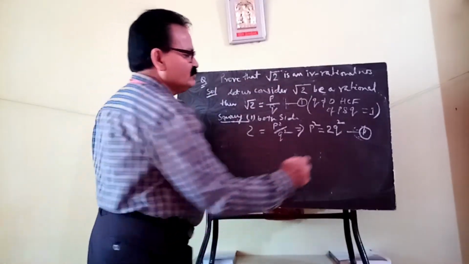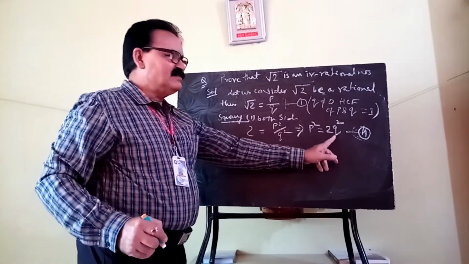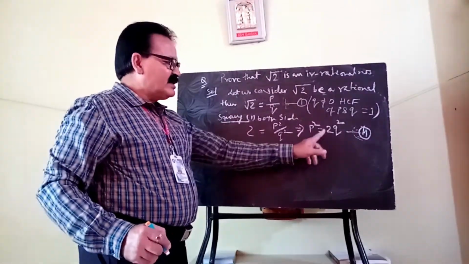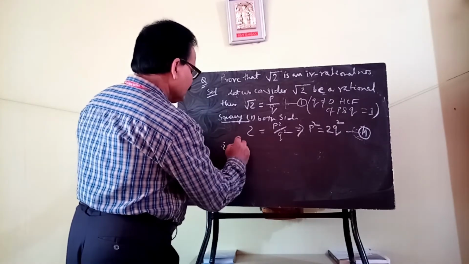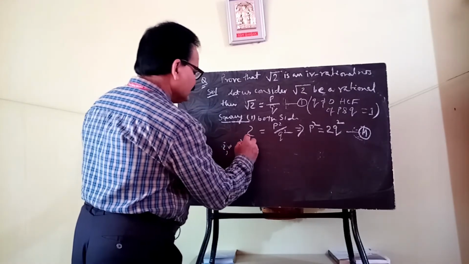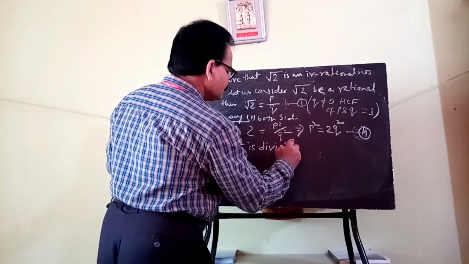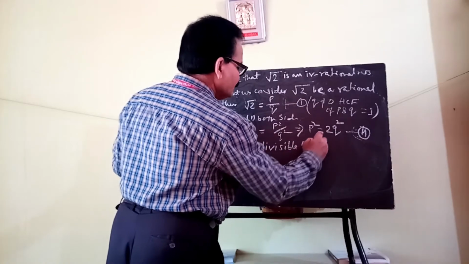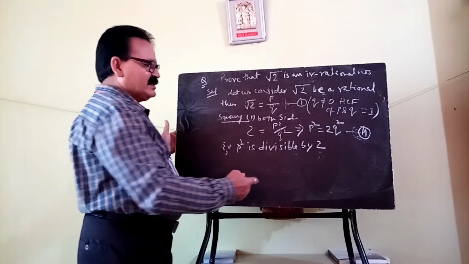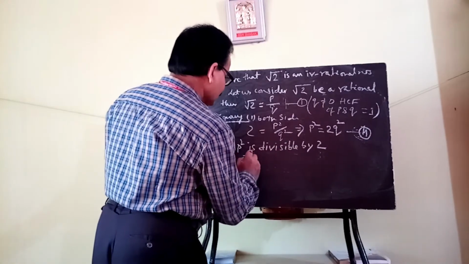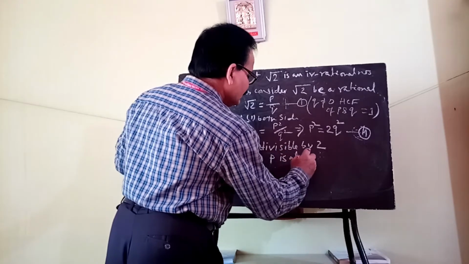From equation 2, if you observe that p square is 2 times q square, that means p square is divisible by 2. If p square is divisible by 2, then p is also divisible by 2.